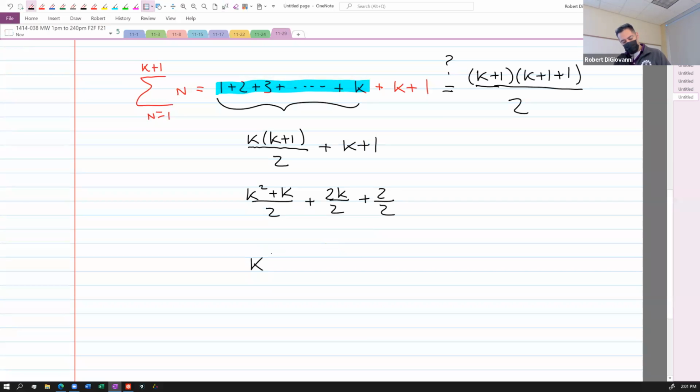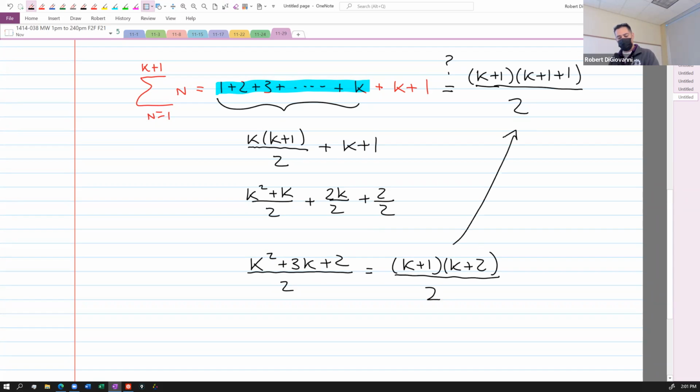K squared plus 3k plus 2 all over 2. Does that numerator factor? Yeah. What does it factor to be? K plus 1 times k plus 2 all over 2. But isn't that this? There, I'm done.